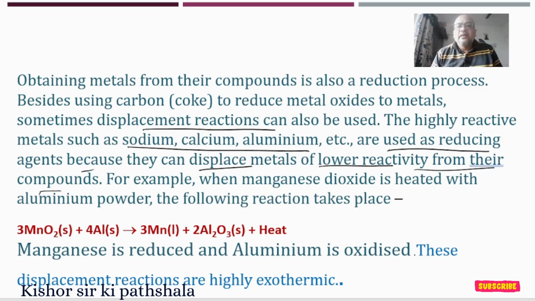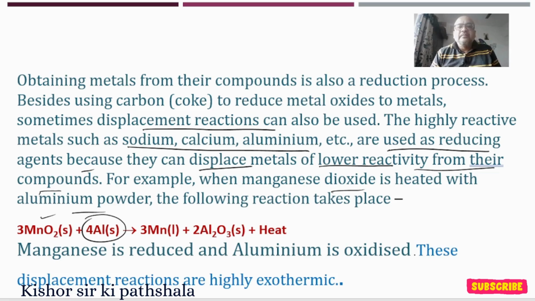We know that, right? So for example, if manganese dioxide is heated with aluminum powder, then the following reaction takes place. Here you have manganese dioxide and we have aluminum. Aluminum will now reduce this manganese dioxide, right?